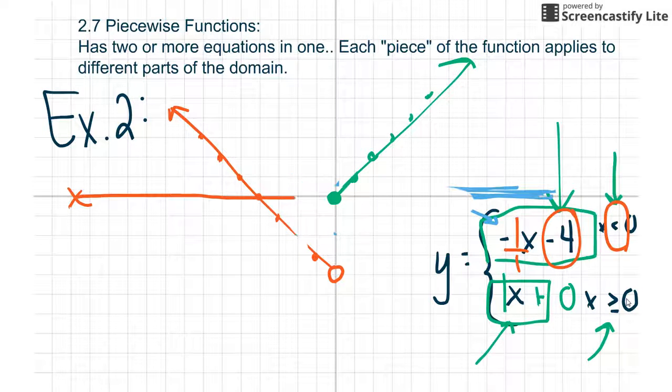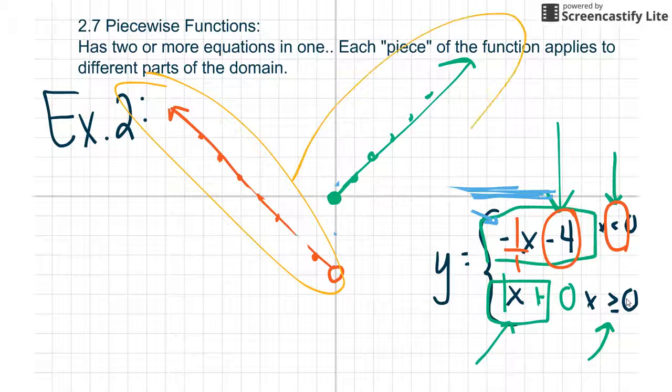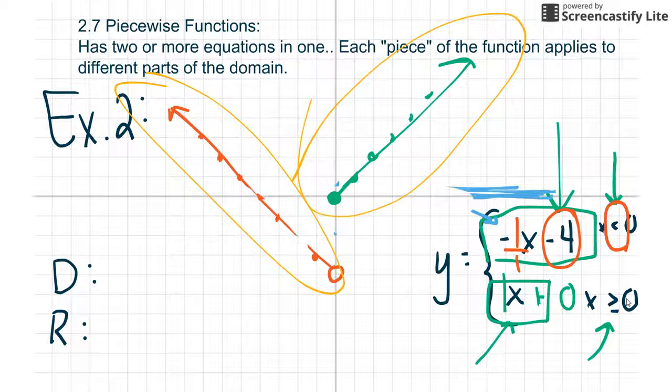So it's good through there, and then again, I'm going to go back and see, is it just greater than, or is it greater than or equal to? So it says greater than or equal to, so I'm going to leave it filled in, and again, you can see the two different pieces of the piecewise function. So you kind of see two separate ones on the graph.